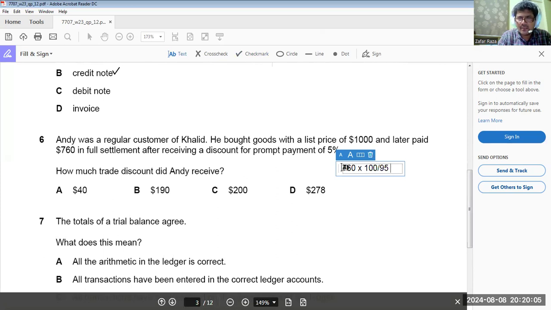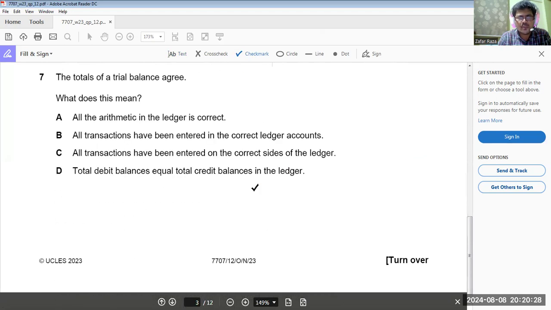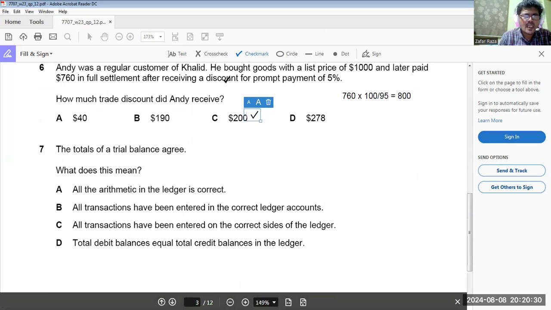So 800 was actually the invoice price, on which he was given a 5% discount for prompt payment, and he got $40 as a cash discount. So list price was 1,000, invoice price was 800. It means, yes, the trade discount should definitely be $200.